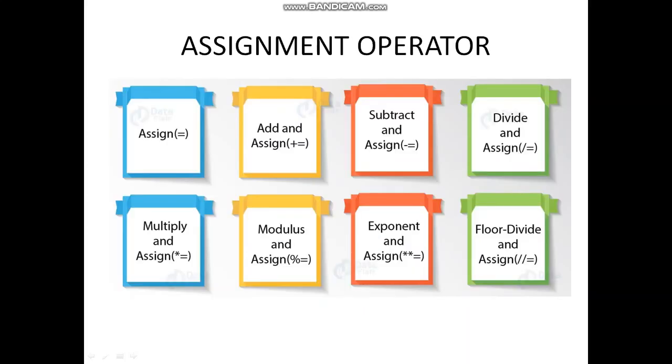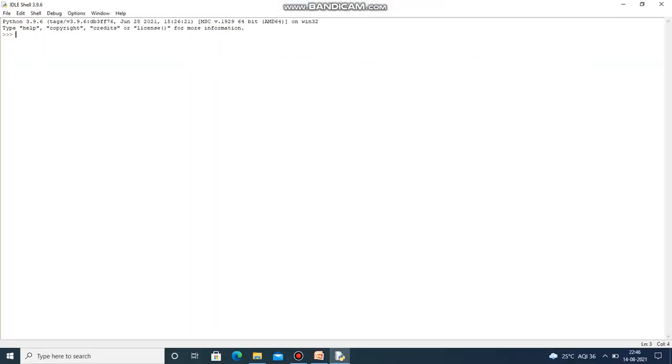Okay, the next is the assignment operators, which means assigning. I'll be showing you what assigning is. So before going on to the assignment operators, let's discuss how you can do the relational operators in Python. This is the Python shell.